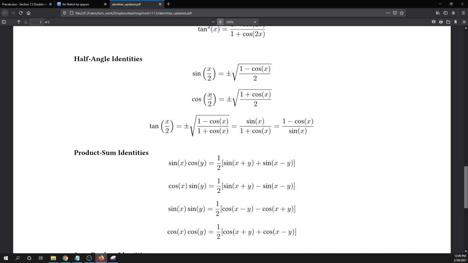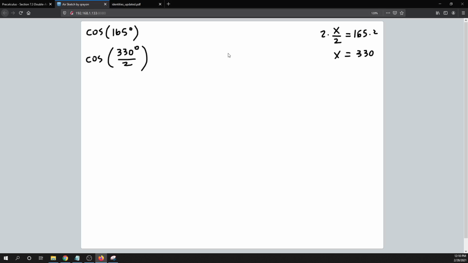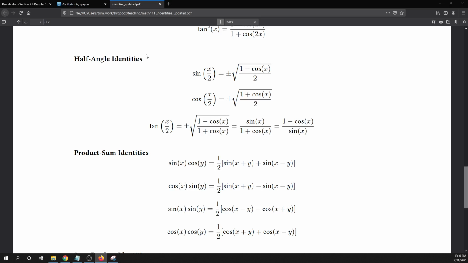We know that the cosine of 330 over 2 is either plus or minus the square root of 1 plus cosine 330 degrees over 2, like so. So I'm using this identity here with 330 playing the role of x.